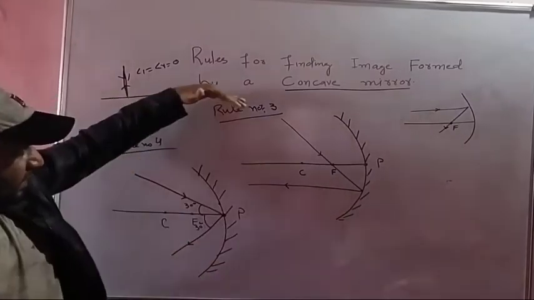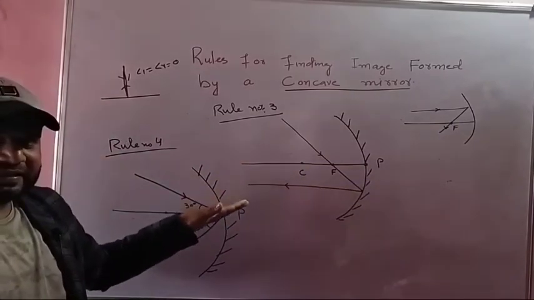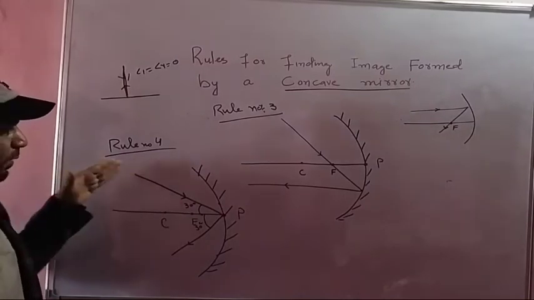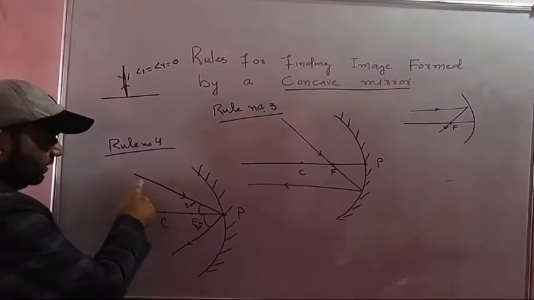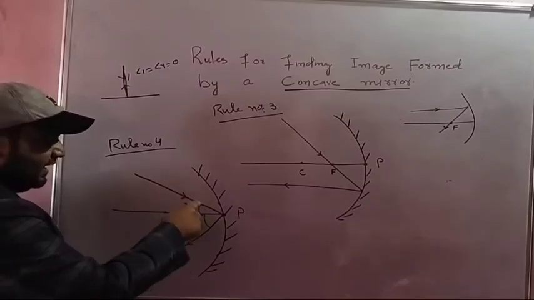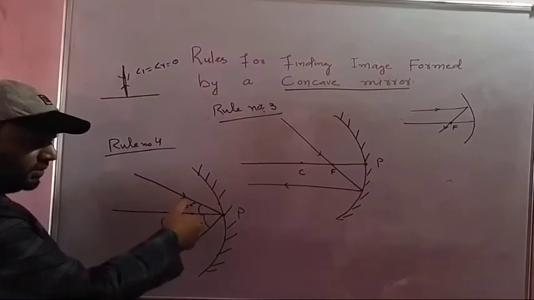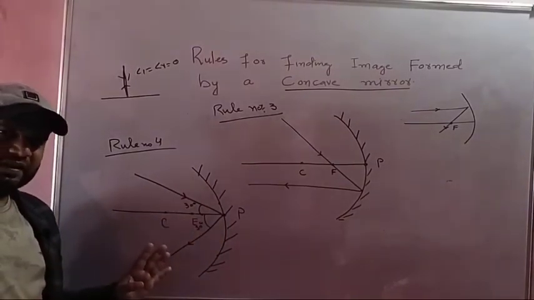Third one, sir, if the ray of light passes through the focus, it reflects parallel to the principal axis. Fourth one, sir, if the incident ray is obliquely incident, तो reflect भी क्या करेगी? Obliquely. Suppose incident ray makes an angle of 30 degrees and it will also make the angle of reflection 30 degrees. Why? As per the laws of reflection. I hope it is clear to you.